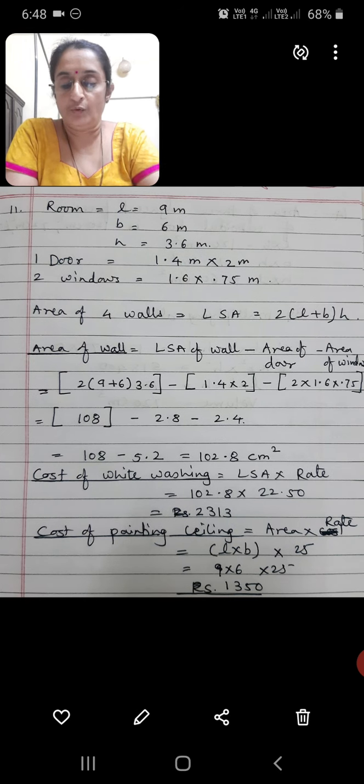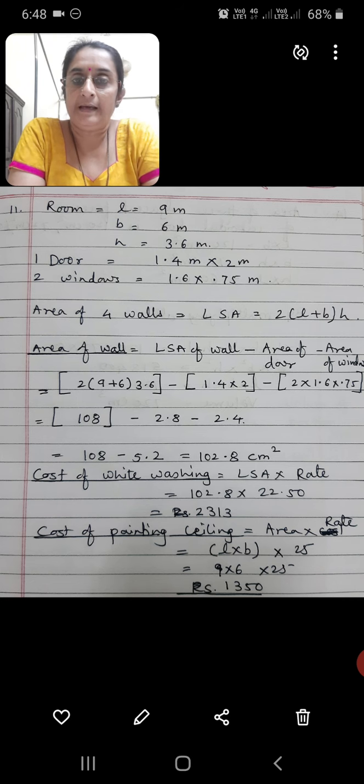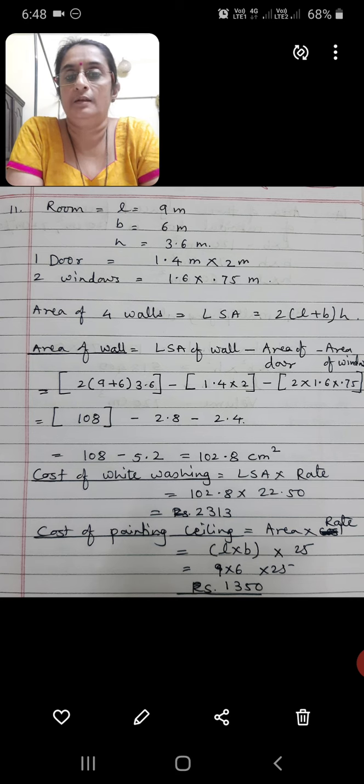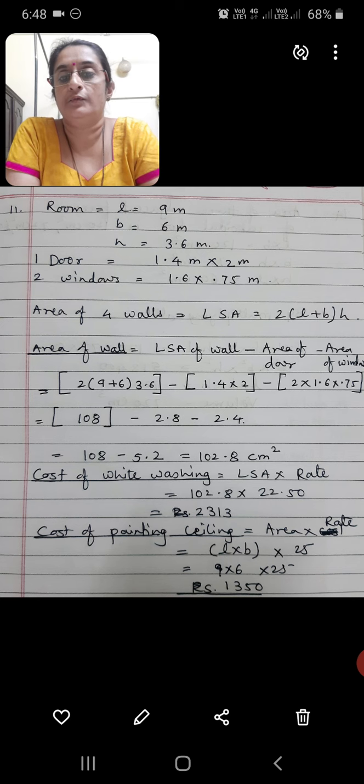See here, one room is given, the dimensions of the room are given, and in the room one door and two windows are there. Those dimensions are also given, and we have to paint the wall. So before that we have to find the area of that room excluding the area of the windows and door. Fine. So we'll solve the first question first.